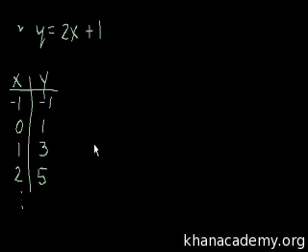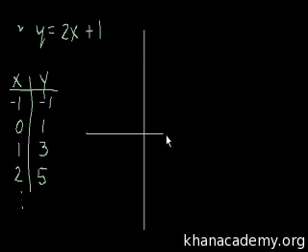And what we could do now is actually graph those points on a coordinate axis. So let me see if I can draw this somewhat neatly. I'll use this line tool so I get straight lines. Okay, that's pretty good. Now let me draw some coordinate points. So let's say that's 1, that's 2, that's 3.